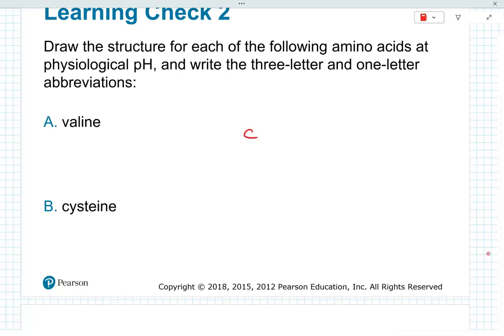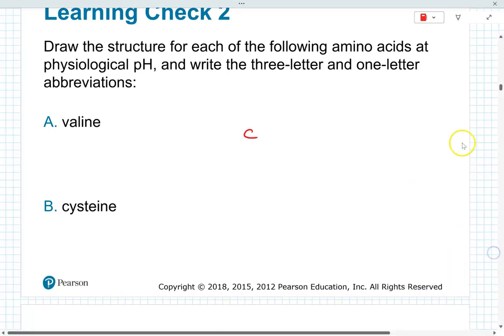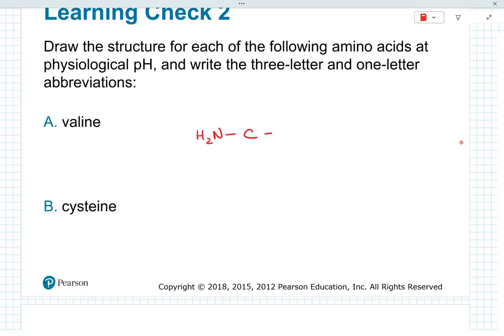Let's put the central carbon. And we have an amino group. And we have an acidic group. Now you see that I put hydrogen here and only two hydrogens here.